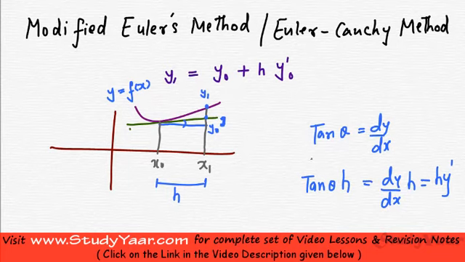Since over here I have my x0, y0, this is h into y dash 0, or y0 dash.